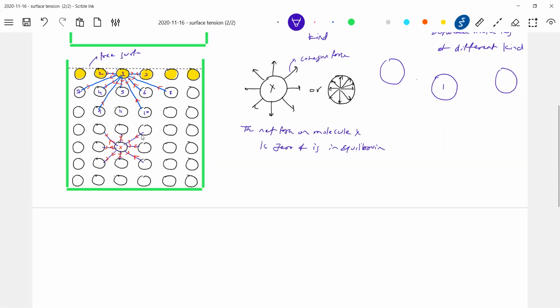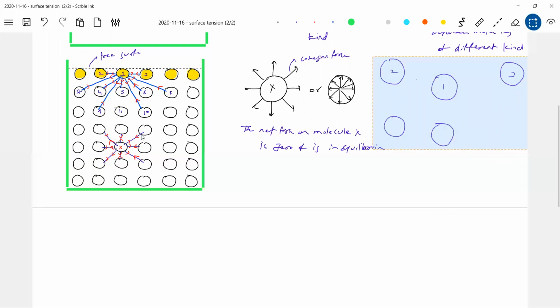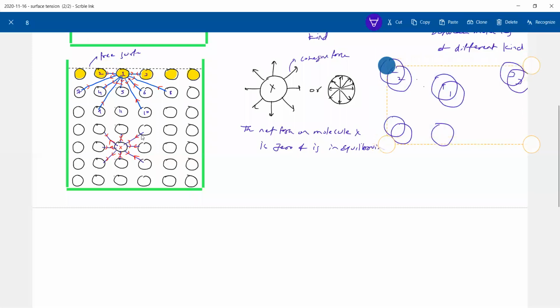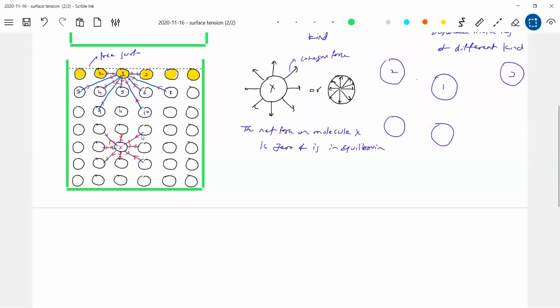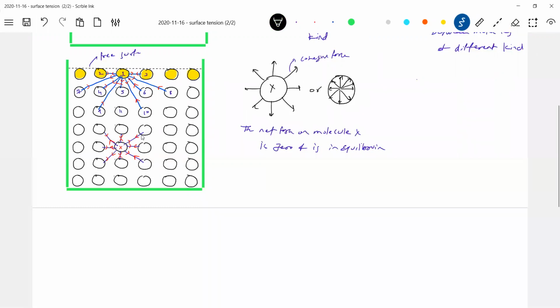This is 1, 2. I'll draw a better diagram. Slightly I'm showing it.